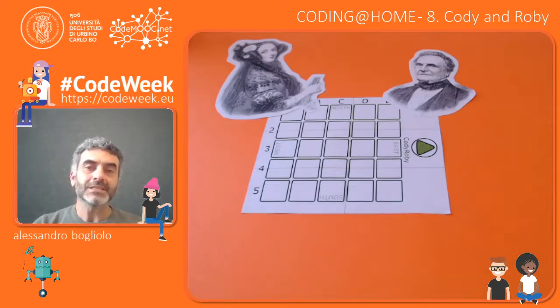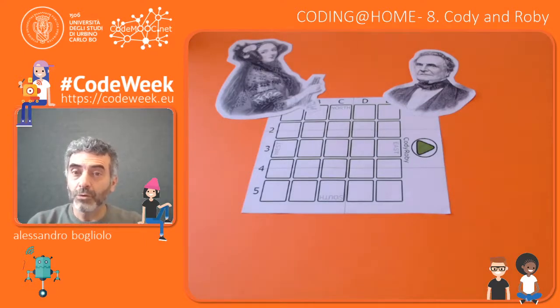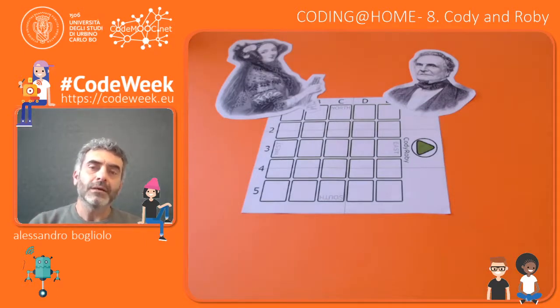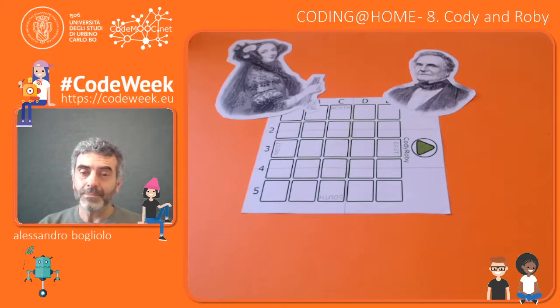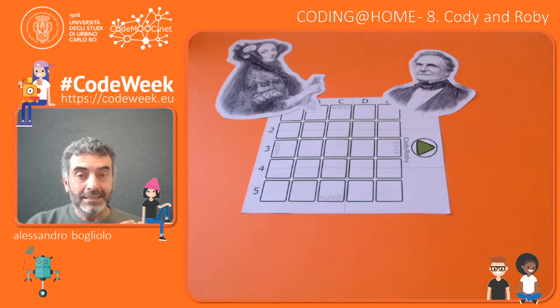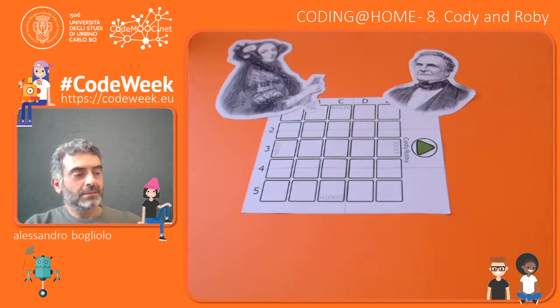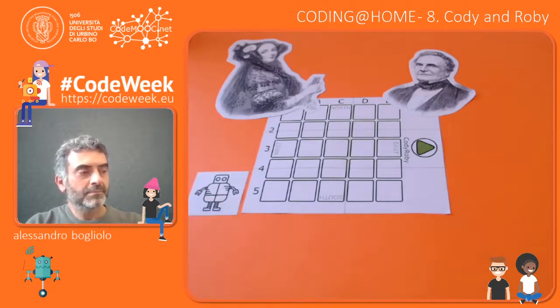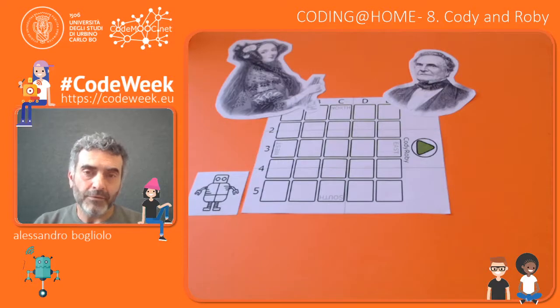And in order to decide what to do, it requires instructions, just because it is able to do so many different things.